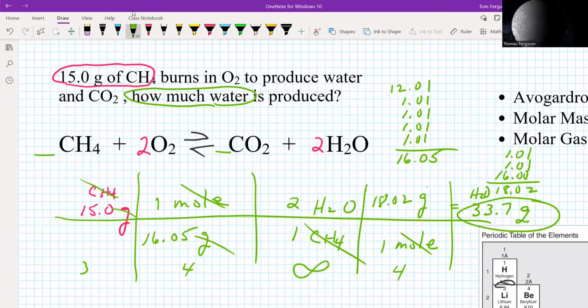Now, on Tuesday, we're going to jack this up big time. This is the simplest it gets for stoichiometry. On Tuesday, we're going to have 2 givens. So you're going to go from 1 calculation to 4 calculations for that 1 problem.